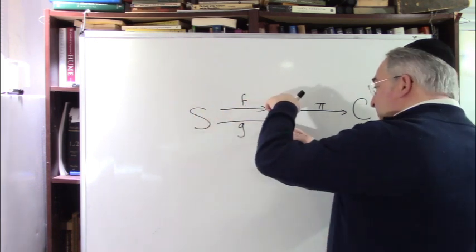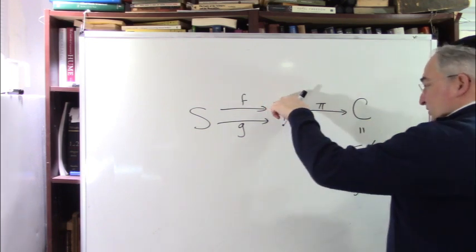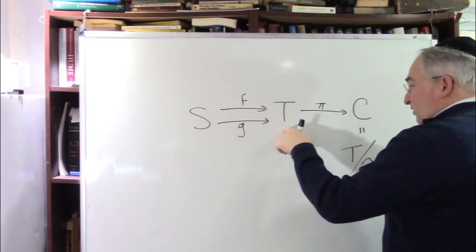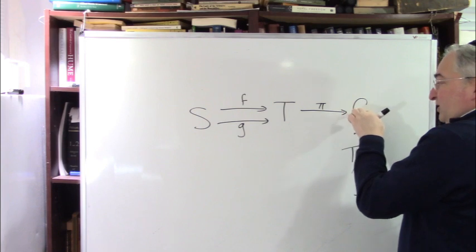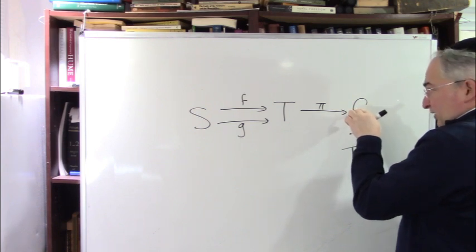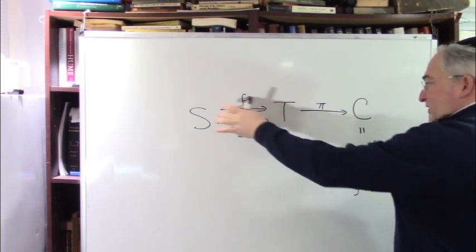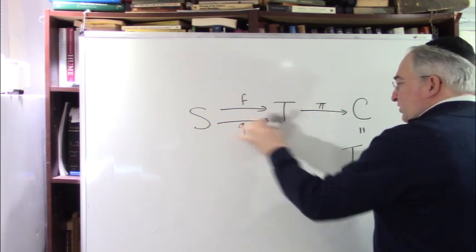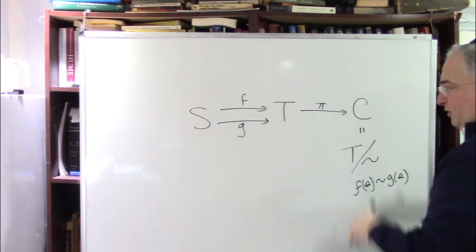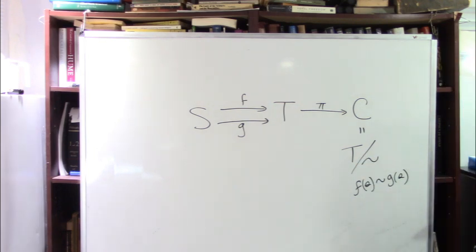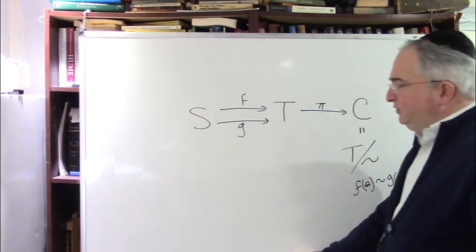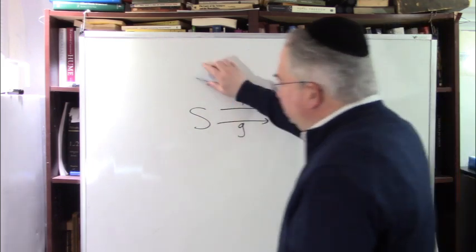There's going to be another element, g of s. We're going to crunch those together to be one in this quotient set. And so this map followed by this map is equal to this map followed by this map. And so you get a coequalizer. Okay, so that's the way it works in sets. Great.